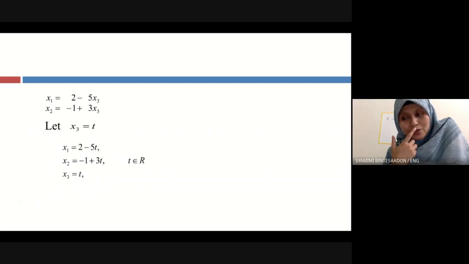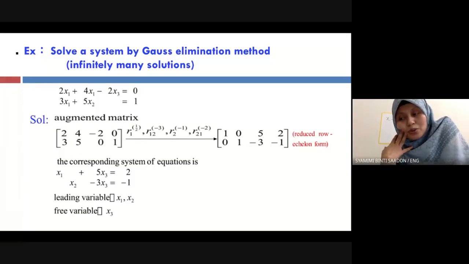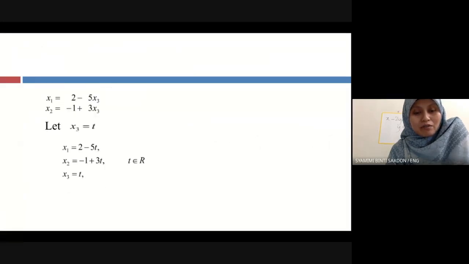So that's why we conclude the answer this way if we encounter problems like this. We conclude that x1 and x2 depend on the value of x3, for all numbers, for example in real numbers or natural numbers or something like that.